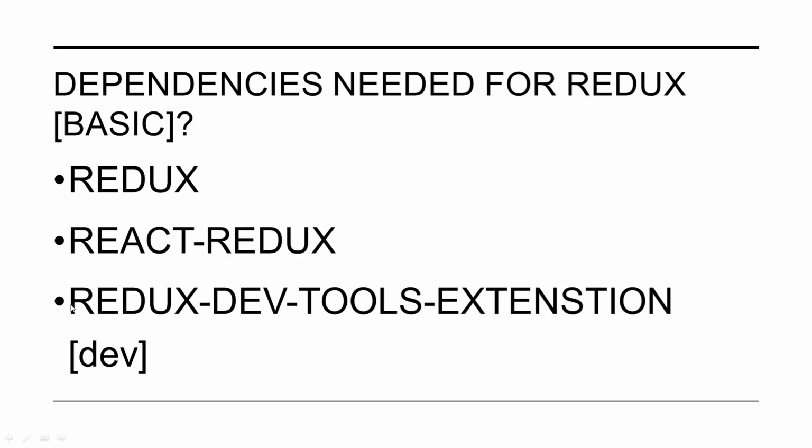Now, why I don't mention Redux Thunk or Redux Saga here is because that is a little bit of an advanced concept. Till now I'm just going to tell you the basics until we do our first basic project. After that you will have a better understanding. Then I will tell you why we need Redux Thunk or Redux Saga; either we can use Redux Thunk or we can use Redux Saga.